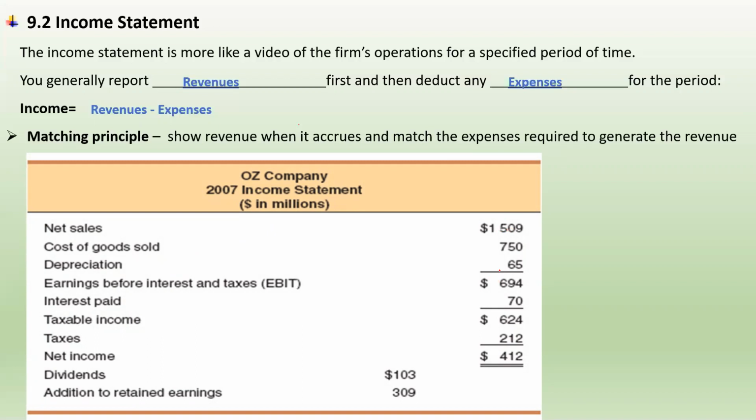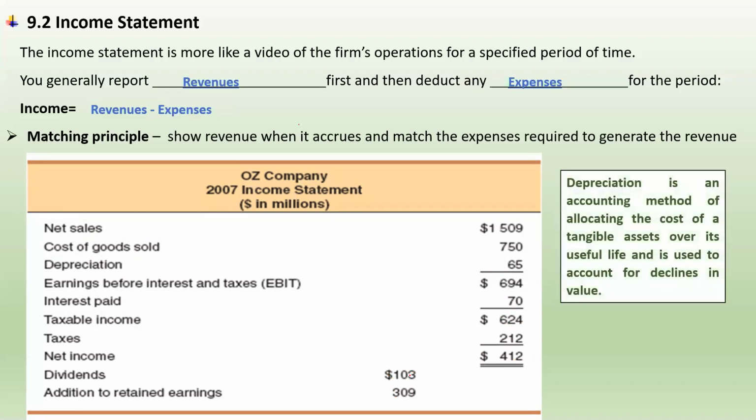We get the so-called earnings before interest and taxes, which is the earnings before we pay interest and taxes. Then we deduct the interest payment to the debt holders. That is taxable income. Then we pay tax and we get net income. We pay dividends to the shareholders, and what is left is the contribution to retained earnings.